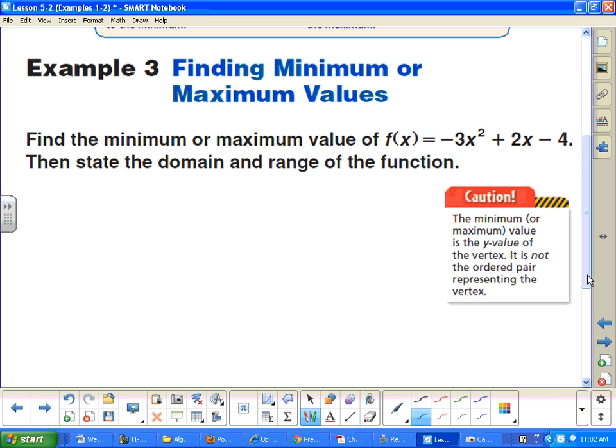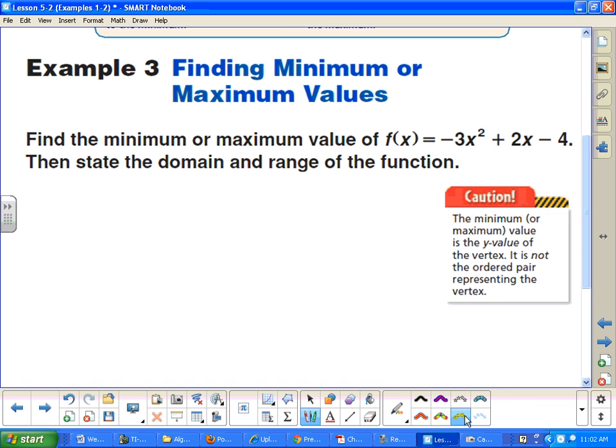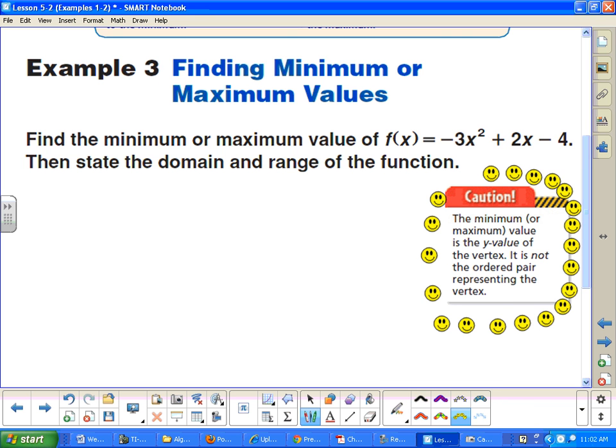Now, notice this caution here. This is very important that you notice this. The minimum or maximum value is the y value of the vertex. It's not the ordered pair.